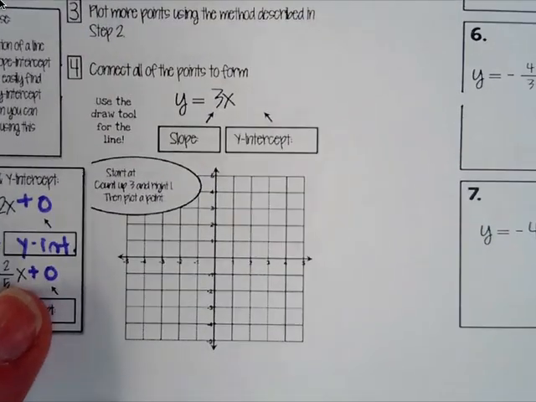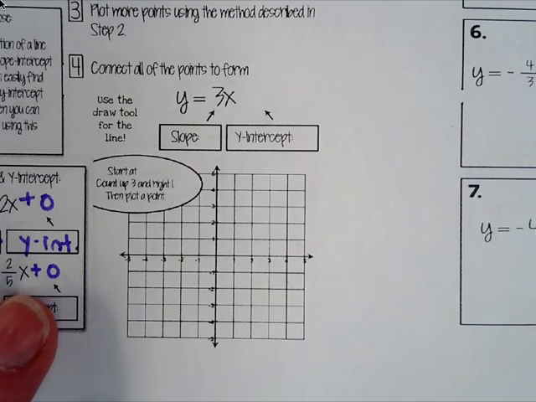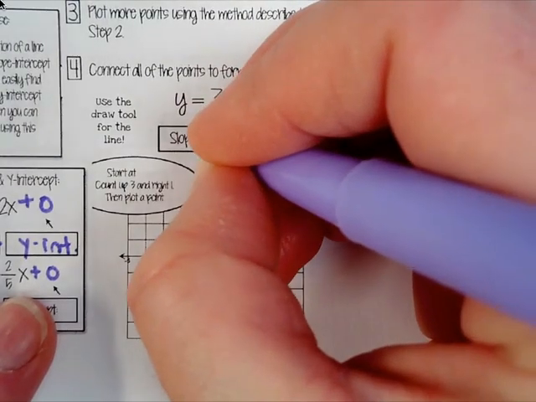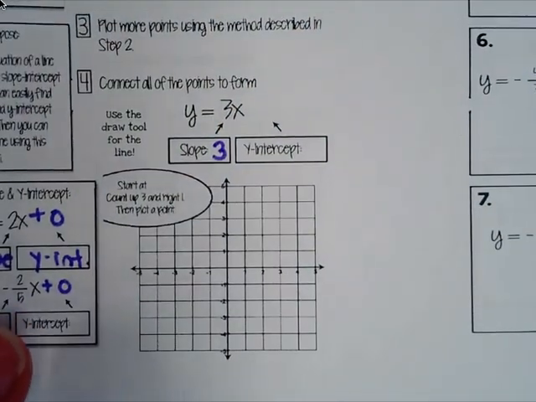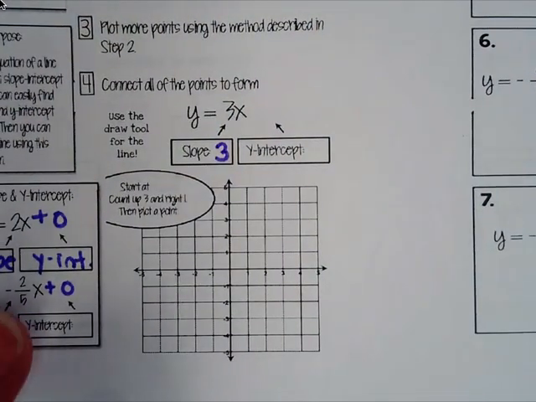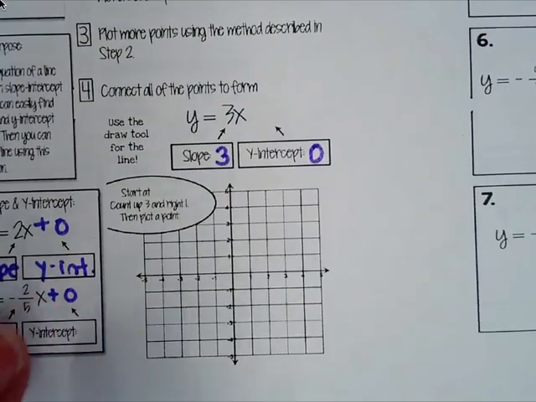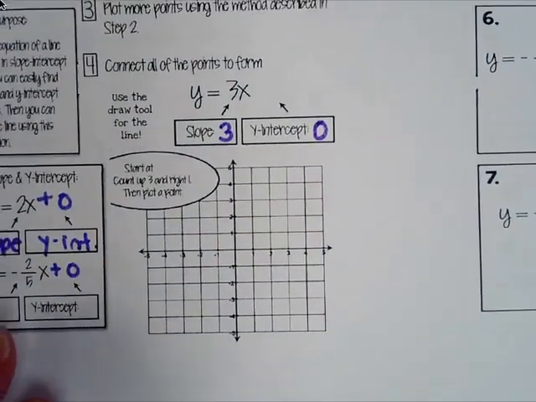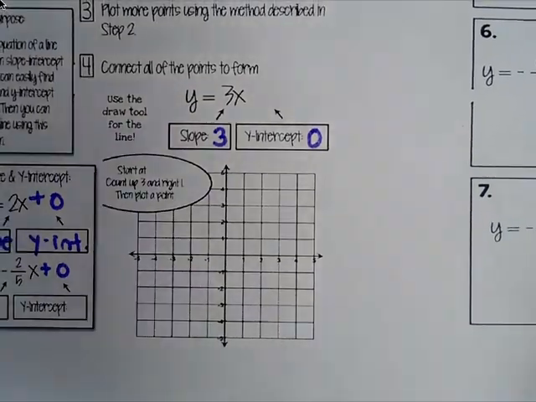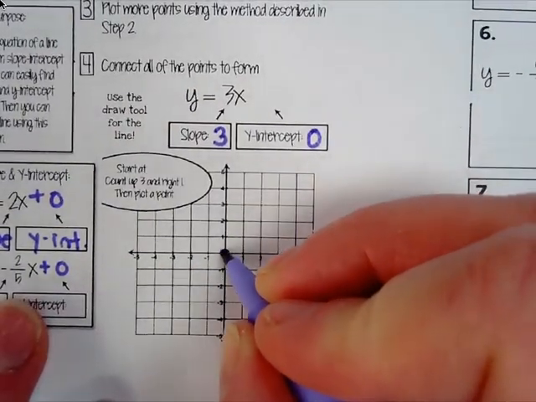So 4 is the example. It says y equals 3x. So our slope is 3, and our y-intercept is 0. So we are going to start at the origin.